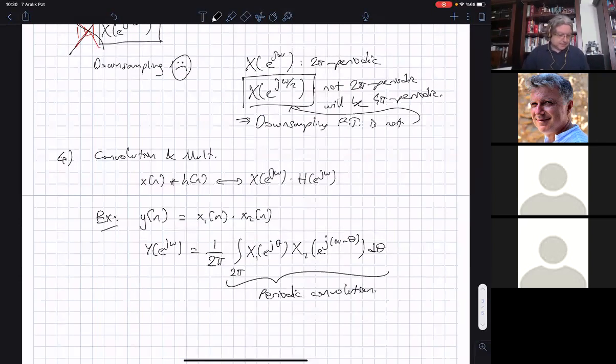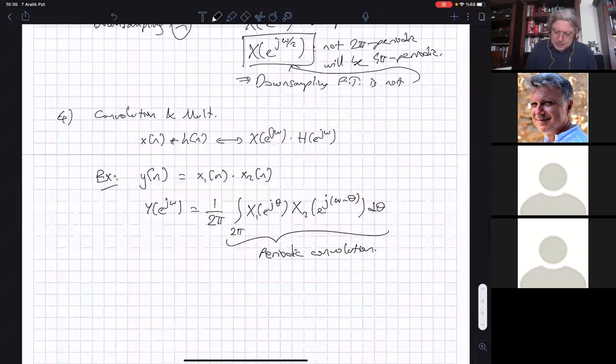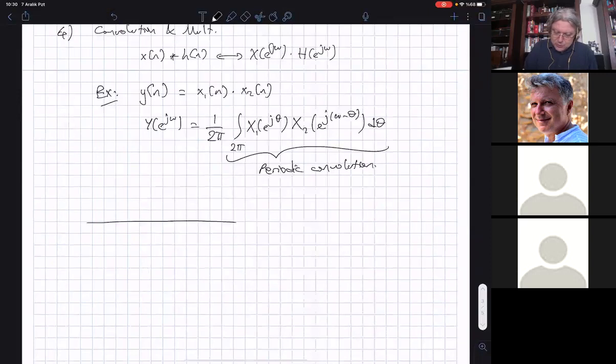All right. Do we need examples of these? We can give examples, but even the slightest example will take a lot of time. For instance, think of x1 of n to be a low pass signal whose Fourier transform is like this.